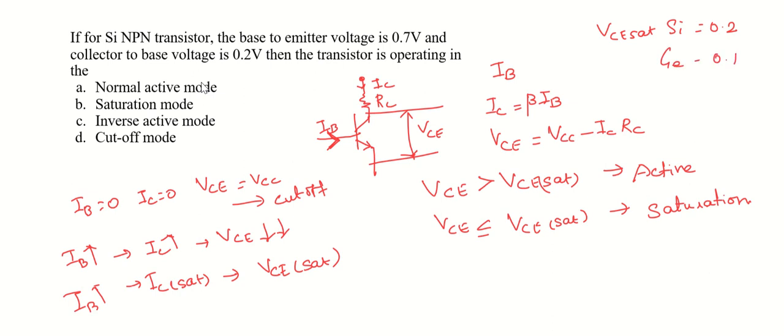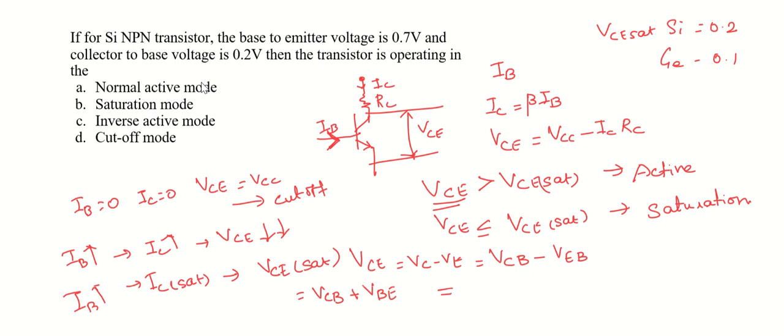We have to find whether this VCE is greater than VCE saturation or less than VCE saturation. For that, we have to find what VCE is. How can we find this VCE? VCE equal to VC minus VE. If I take a common base terminal, it will be VCB minus VEB. In the question VBE is given, so I am reversing this voltage, that is VCB minus of, that is plus VBE.